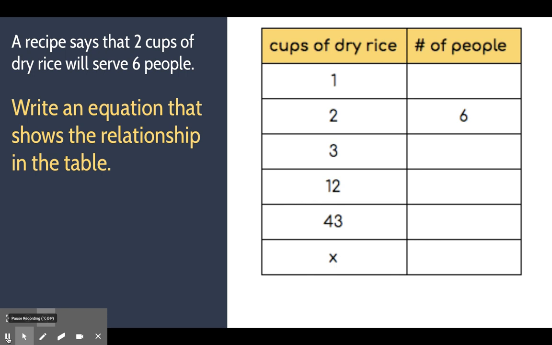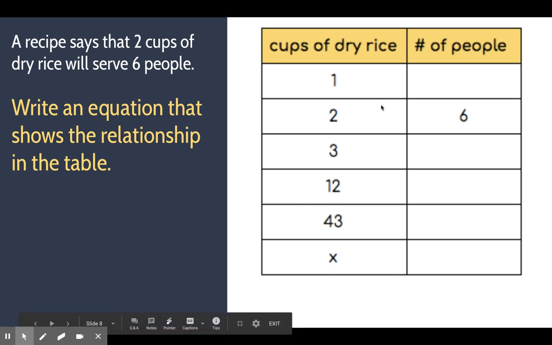So just to check our work, remember we're given that 2 cups of dry rice serves 6 people. So for 1 cup of dry rice, it's only going to serve 3 people. So the value that's going to go in the table for 1 cup of dry rice is 3 people.